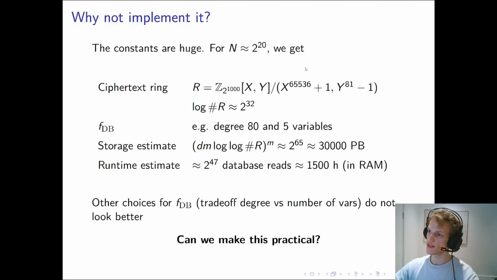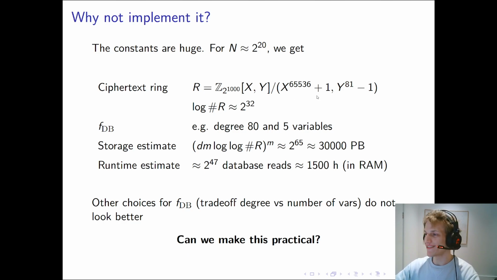In this case, the ciphertext space of the BV-style homomorphic encryption scheme becomes this ring here. Remember, it must be a ring because it's an algebraic homomorphic encryption scheme. It's the integers modulo 2 to the 1000, and then we take a finite degree extension of this, so we adjoin x and y and mod out x to the 65,536 plus 1 and y to the 81 minus 1.